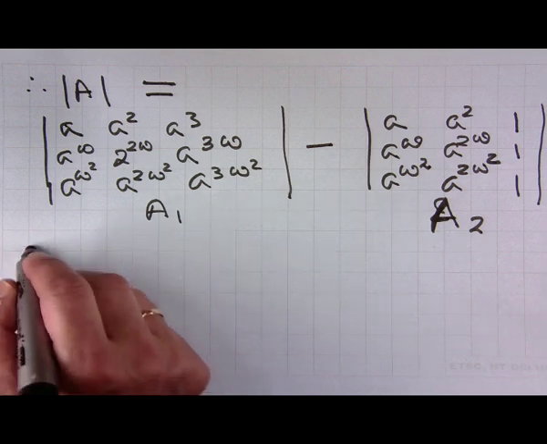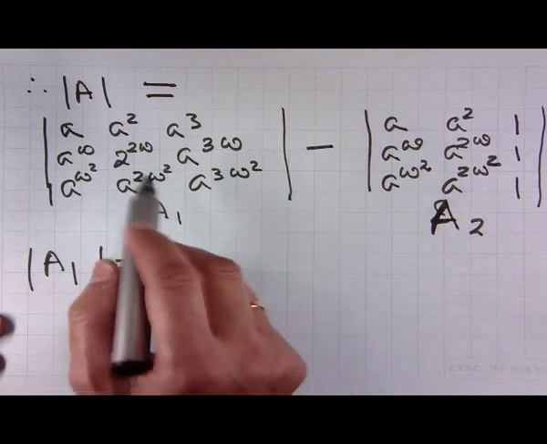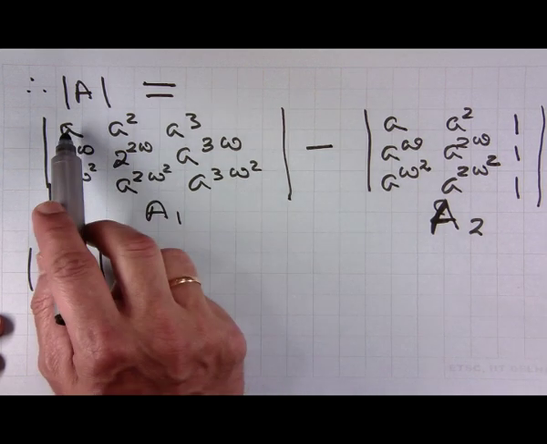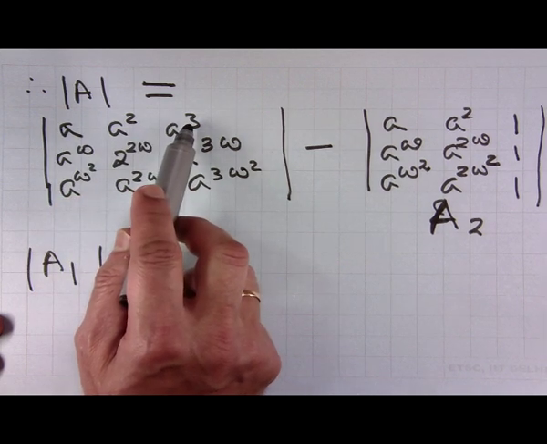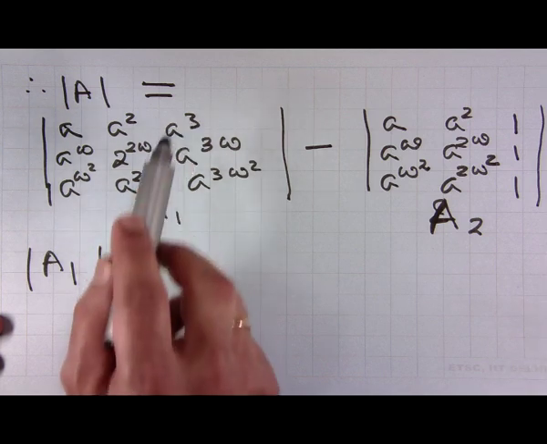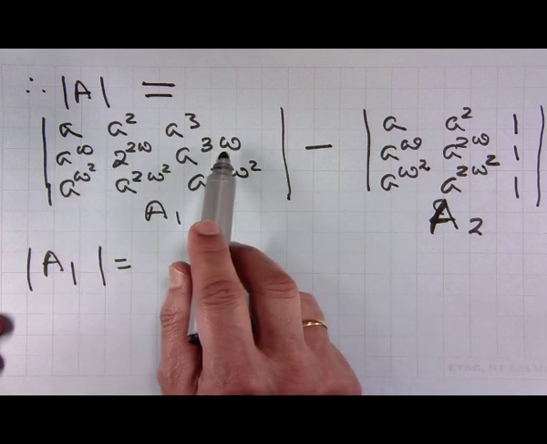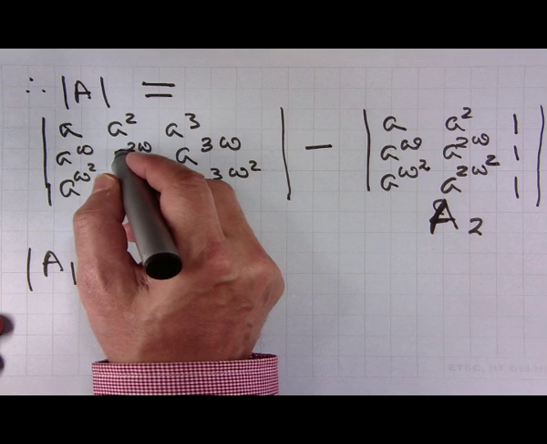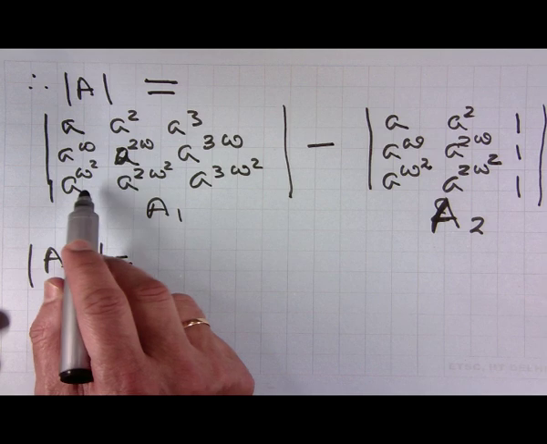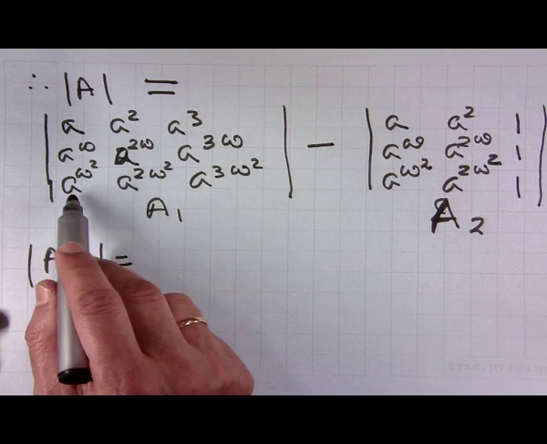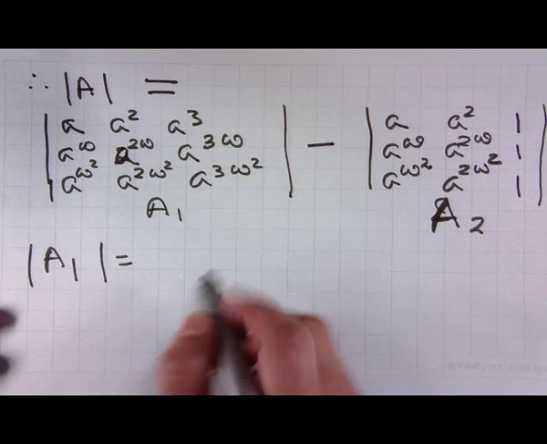Now, determinant of A 1 is equal to, if we look at it, we can take a common from the first row, we can take a to the power omega common from the second row, and we can take a to the power omega square common from the third row.